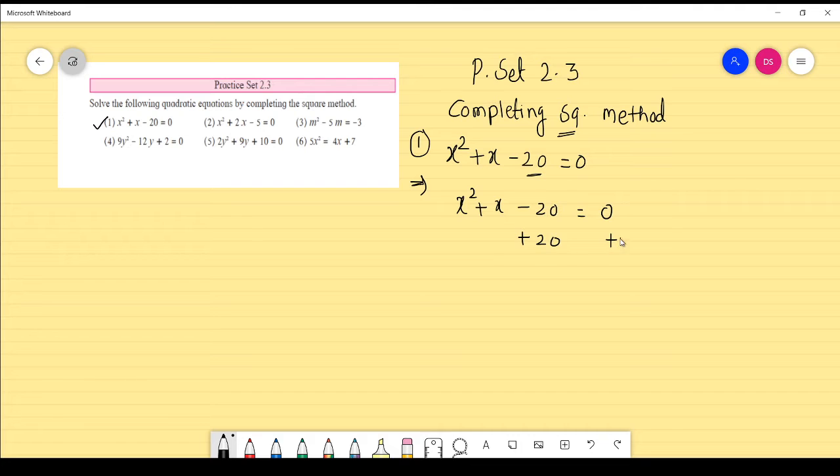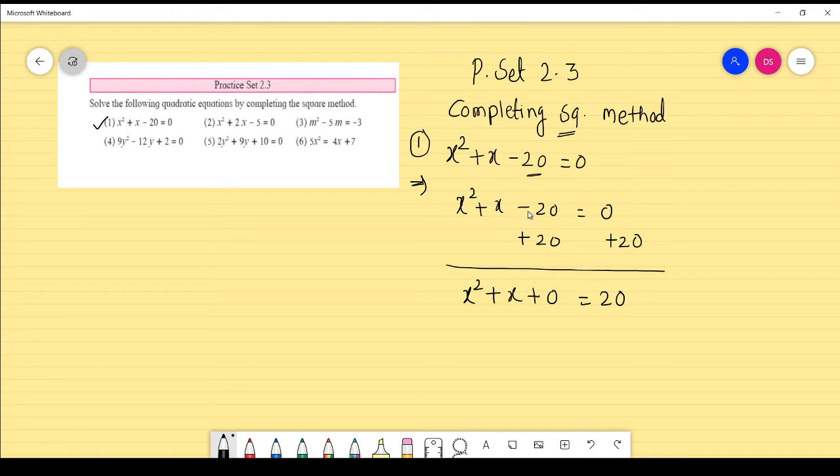What will happen after adding 20 on both sides? x square remains as it is, plus x remains as it is, minus 20 plus 20 becomes 0, is equal to 0 plus 20, which becomes 20. So now our constant has been shifted to the right hand side by just adding plus 20.